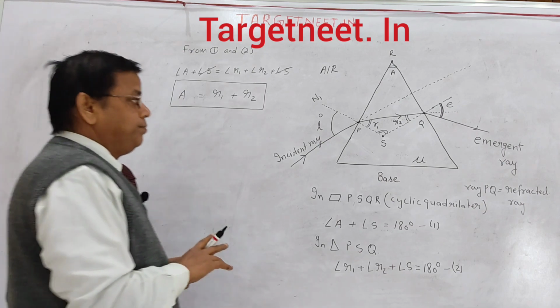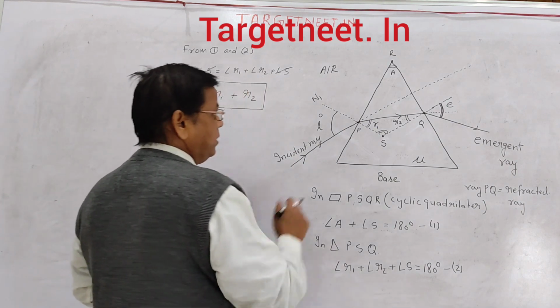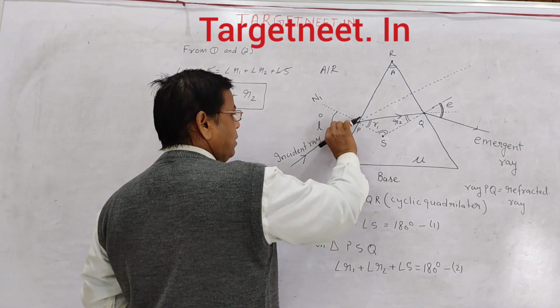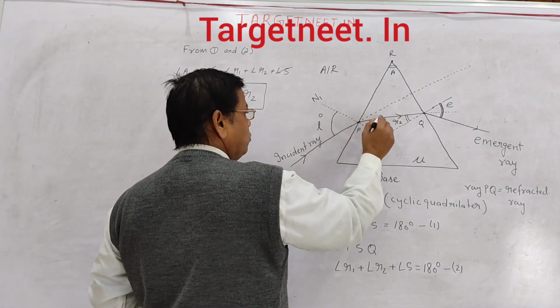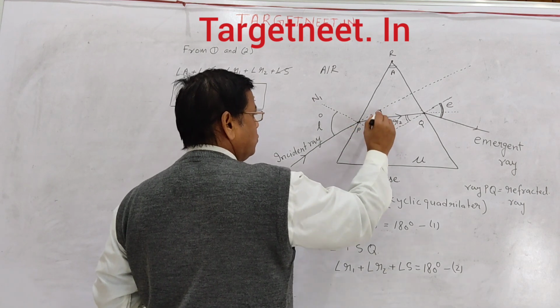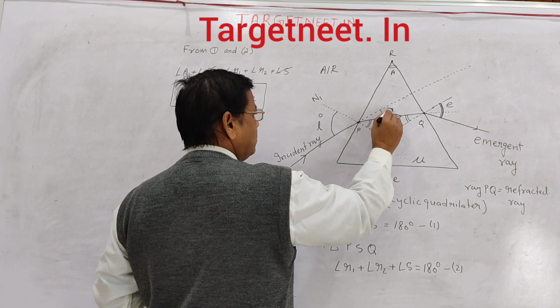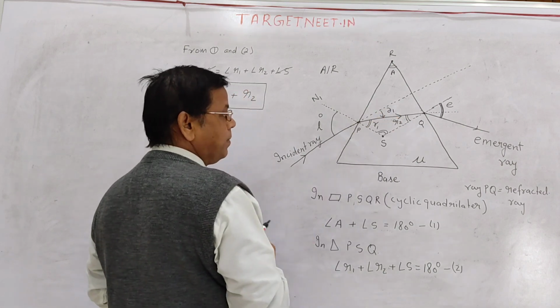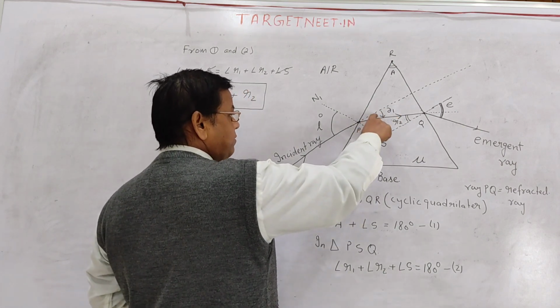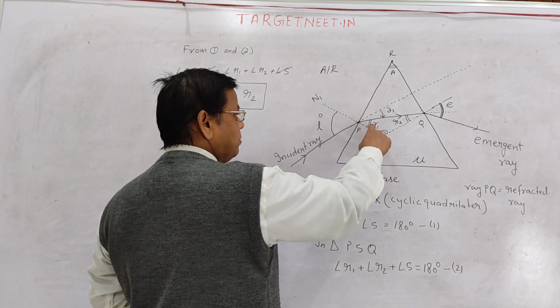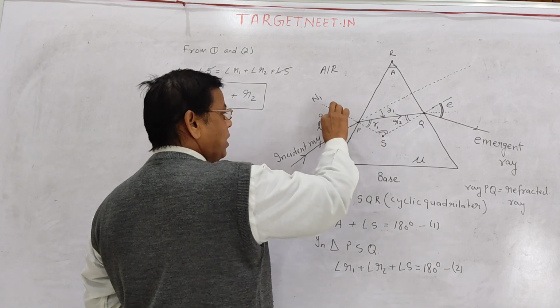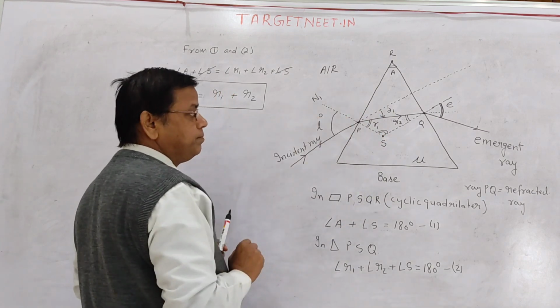Now see here, light should have gone like this, but it is going like this. So light has deviated this much from its original path, and this angle of deviation delta 1 and R1, the sum of these two angles must be equal to I, vertically opposite.